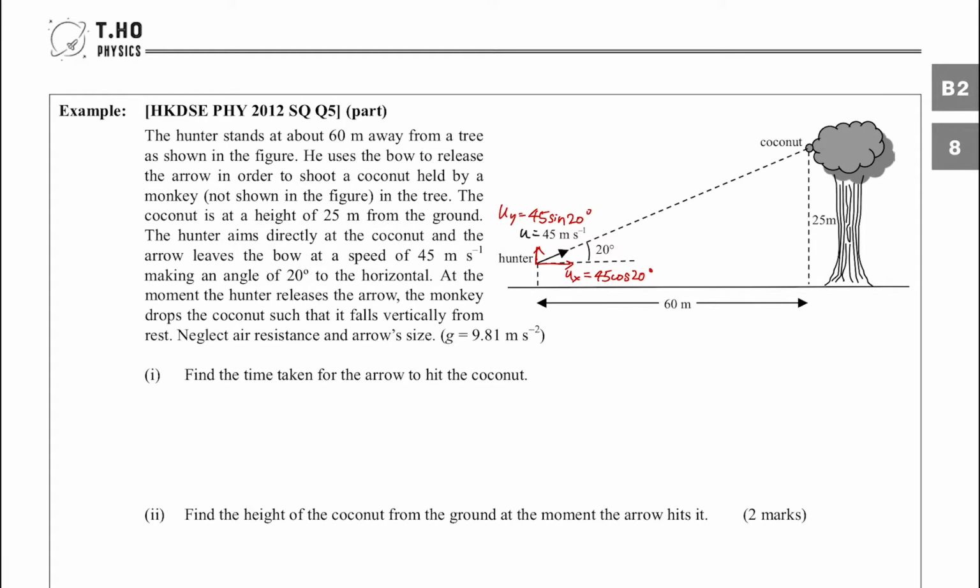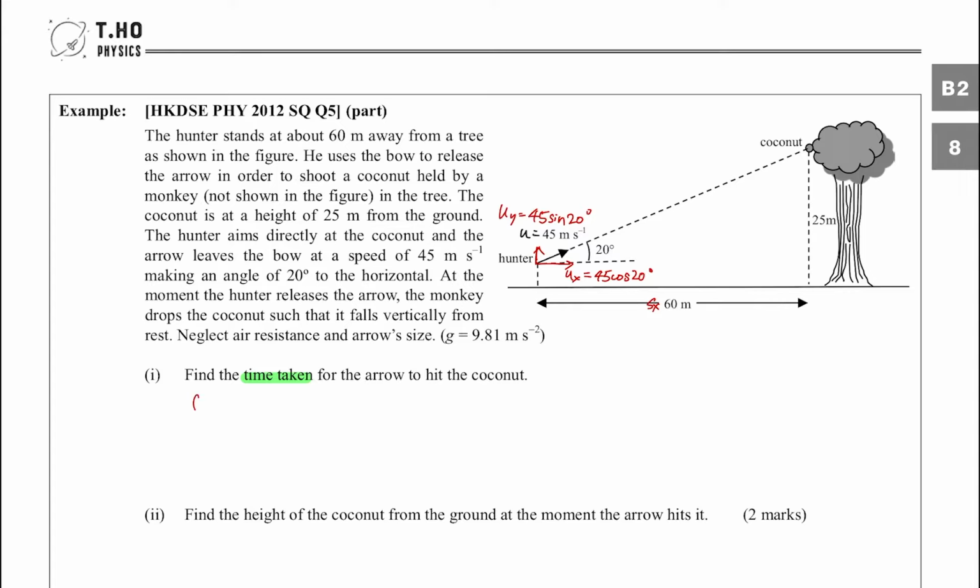So we are going to find the time taken for the arrow to hit the coconut. The time of flight depends on horizontal motion because the arrow has to go from here to here through a distance of 60 meters. So 60 meters is sx.